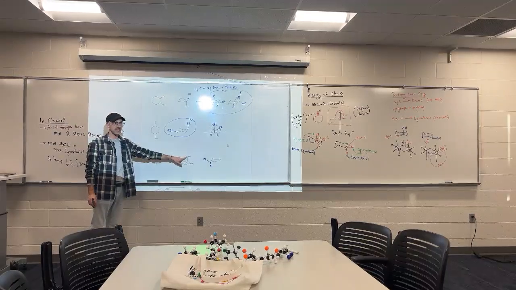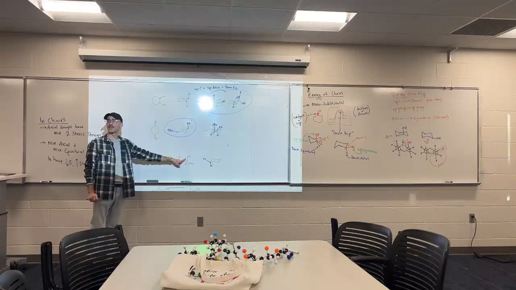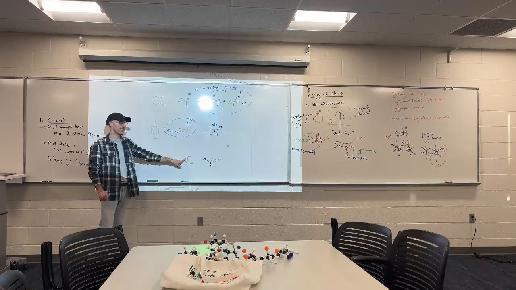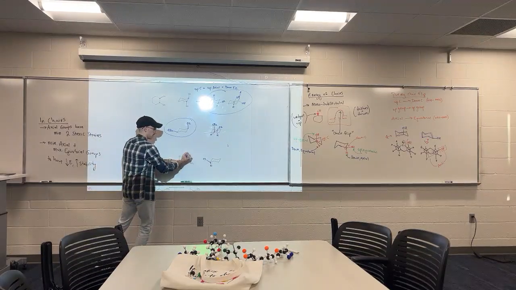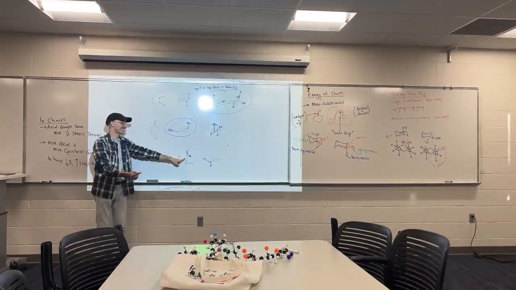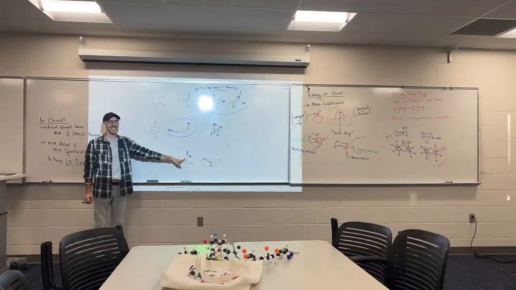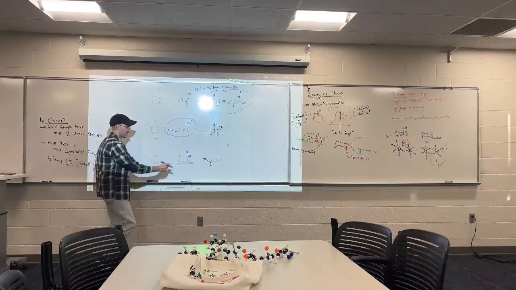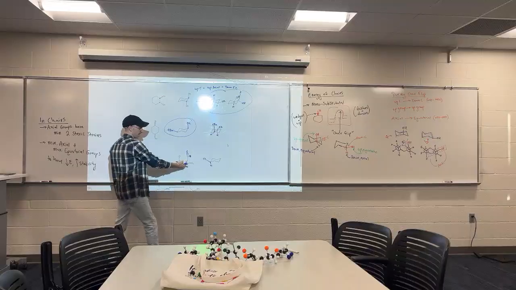Do you know what the CHO group is? Functional group? Aldehyde. Carboxylic acid's got that extra O. CHO is how we can abbreviate an aldehyde. That shifts to the back position. That's up.